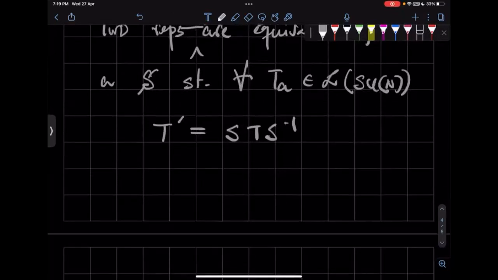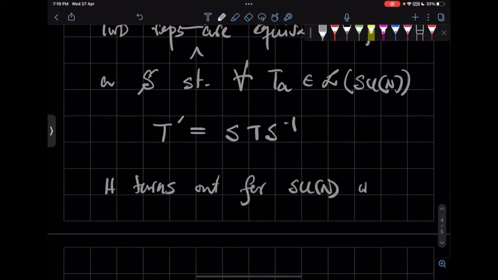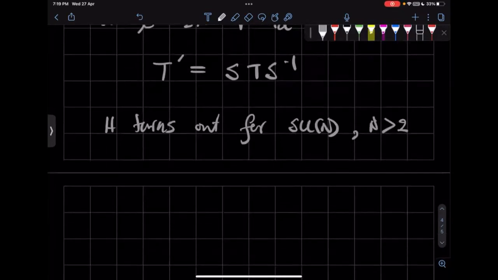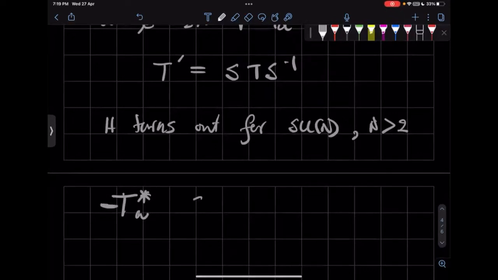But it turns out for SUN, for n greater than 2, so this is not for SU2, it turns out for SUN, the representation with the matrices -T star and T are inequivalent, okay?